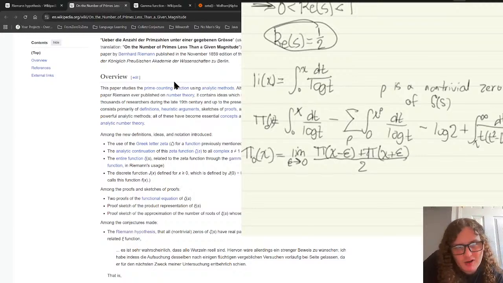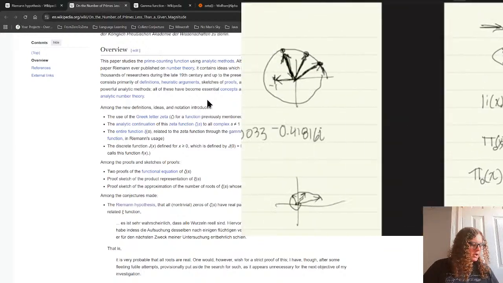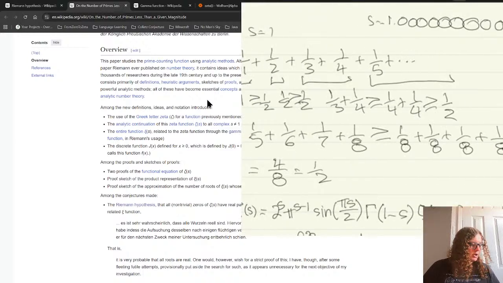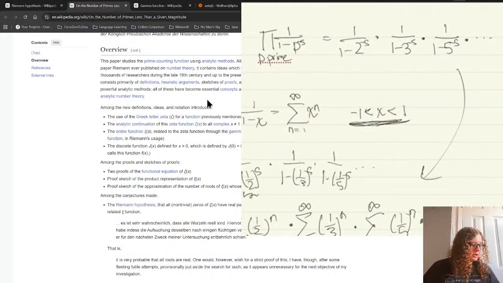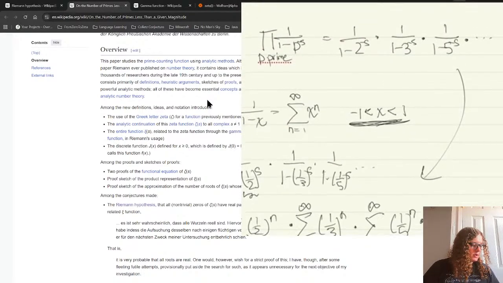Trying to find... So we figured out how Euler converted it to a statement about primes, right? So where this formula is coming from.